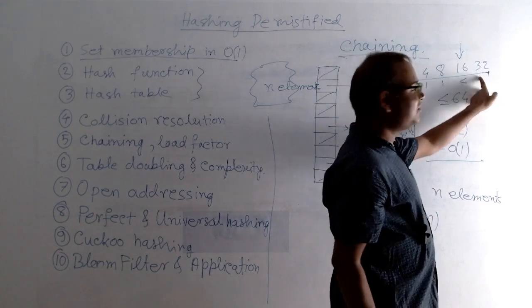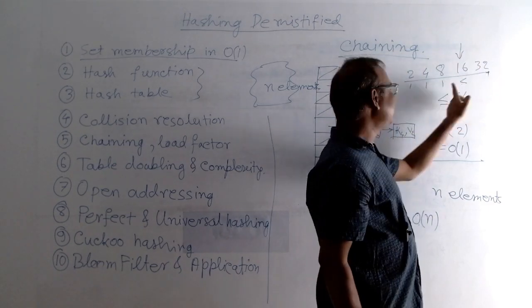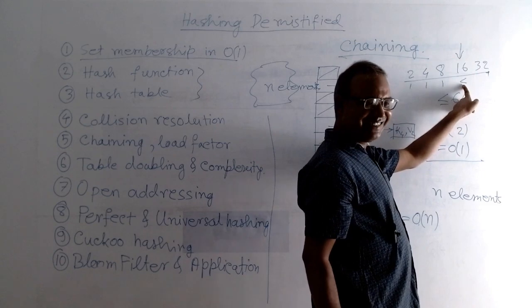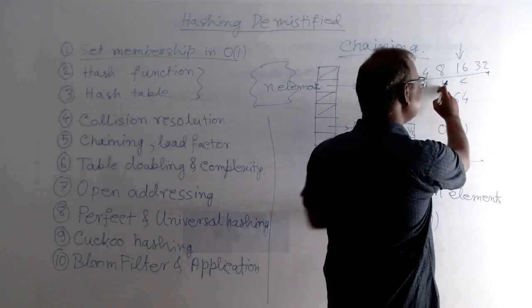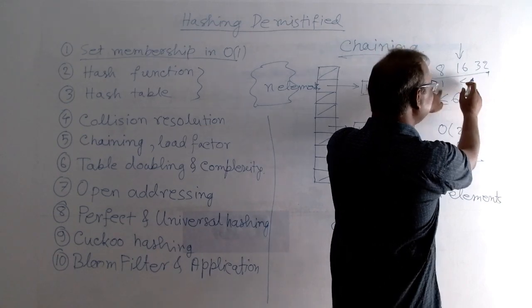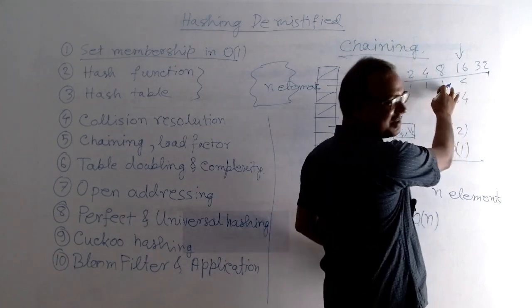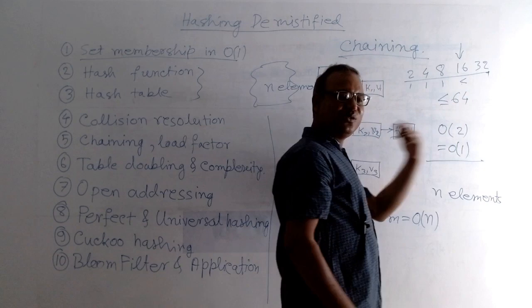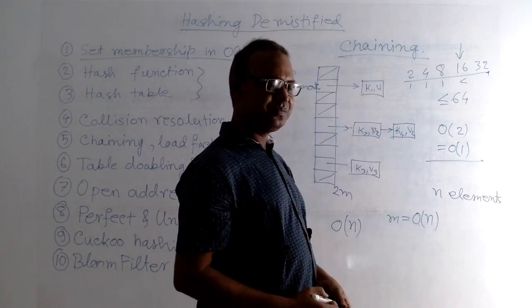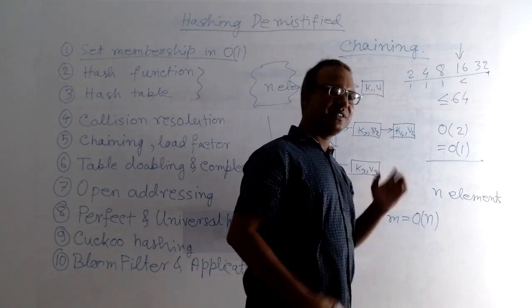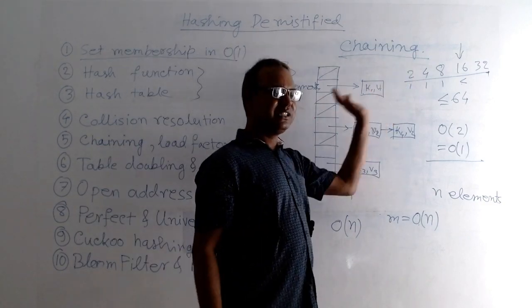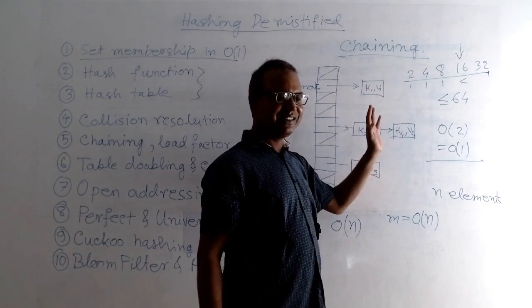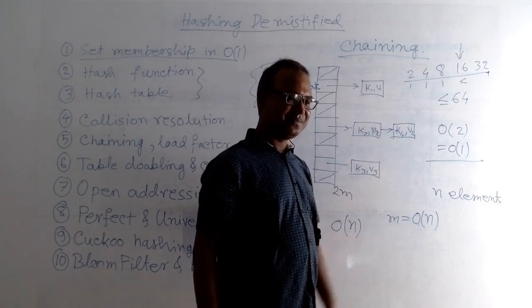Not just at 31 after we have shrunk the table. When the table size is 16 and the number of elements is less than 4, then we will shrink the table. In this way the shrink operation will work, and that will remove the possibility of doubling and shrinking on every operation.